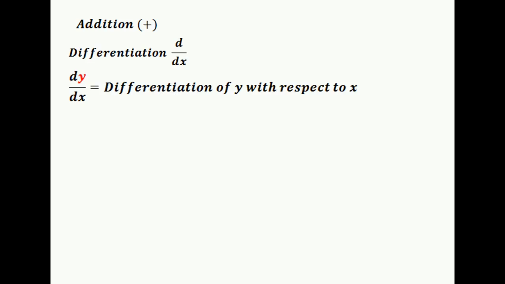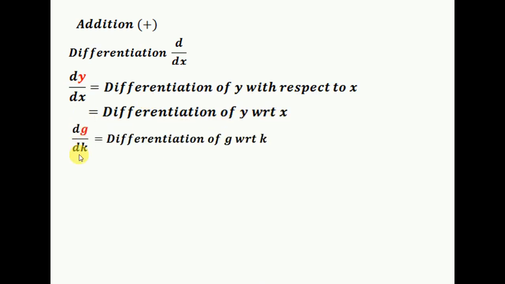In math we use plus as an operator to add two things. Similarly we use d/dx to differentiate something. So when I say dy by dx, this means differentiation of y with respect to x, and for "with respect to" we can write wrt. When I say dg by dk, I'm differentiating g with respect to k.